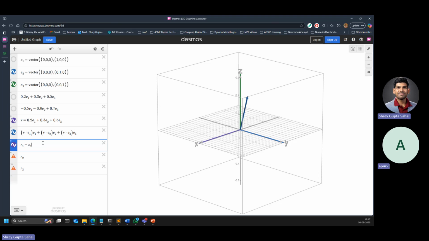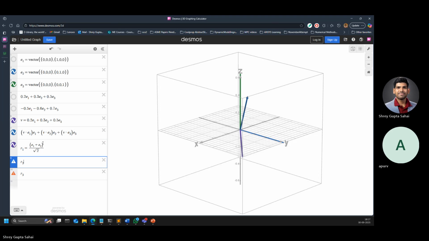Maybe E1 by root 2, and let's say E3 is this way.